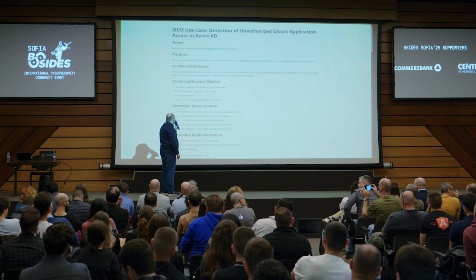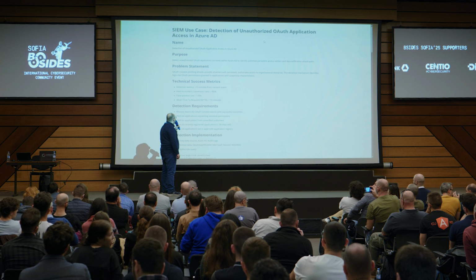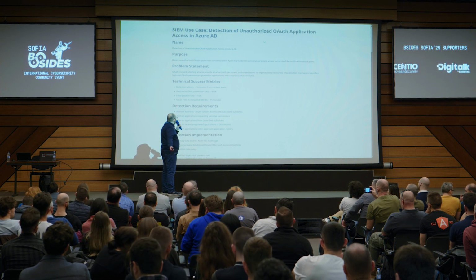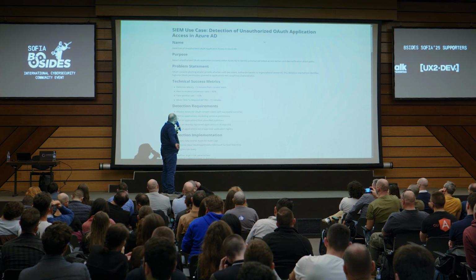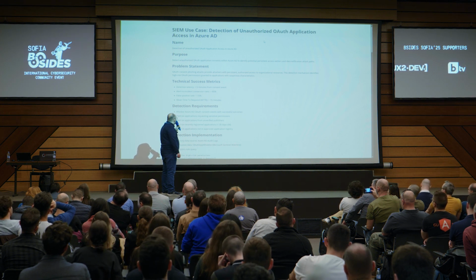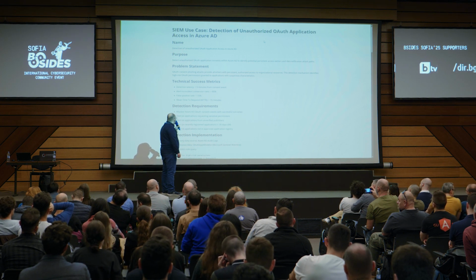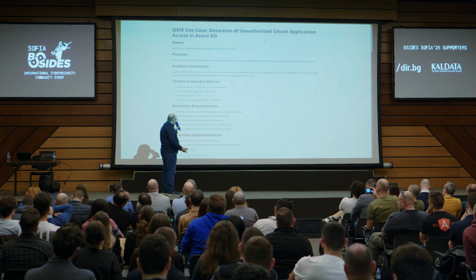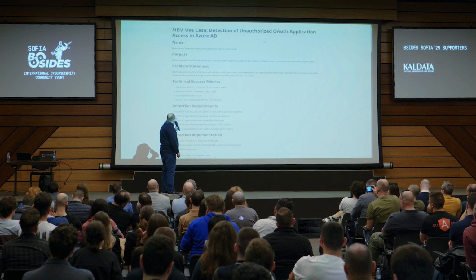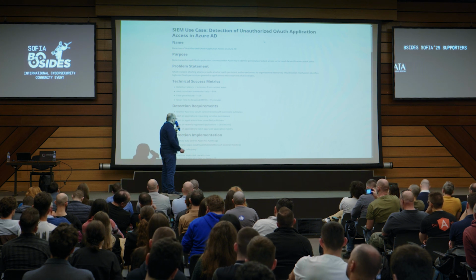Detection requirements, this means what do you need to detect this? So you're going to monitor your Azure AD OAuth. You're going to alert on application requests with sensitive permissions. You're going to alert on applications from unverified publishers, and you're going to alert on recently registered applications, 30 days ago. That's not actually very good, but alert on applications not approved in the application registry.